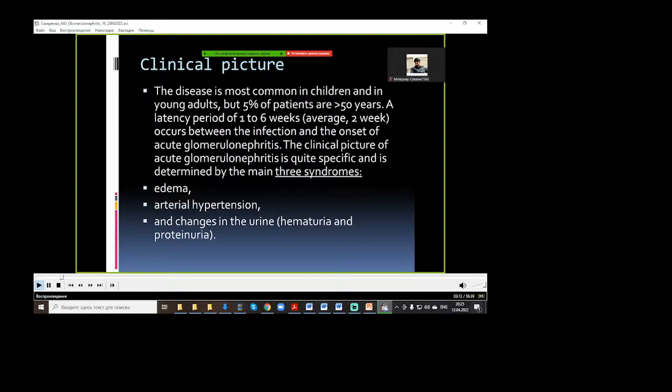The clinical picture of acute glomerulonephritis is quite specific and is determined by the main 3 syndromes: edema syndrome, arterial hypertension syndrome, and changes in urine, such as hematuria and proteinuria. Hematuria means red blood cells in urine, proteinuria means protein in urine.